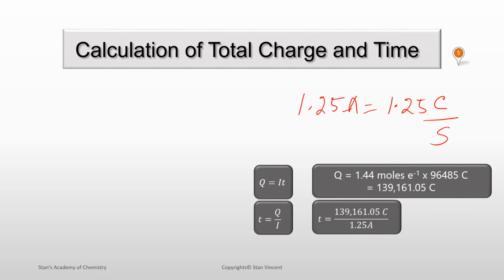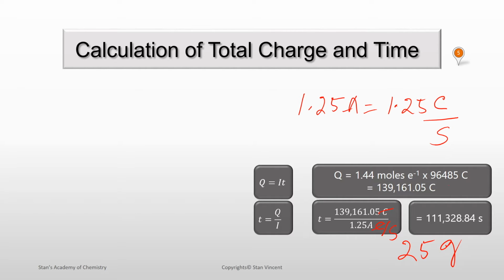So if you replace A with C per S, and divide the total charge by 1.25, the coulombs and coulombs cancel, and it will give you the time: 111,328.84 seconds. So that's the total time taken for depositing 25 grams of chromium.